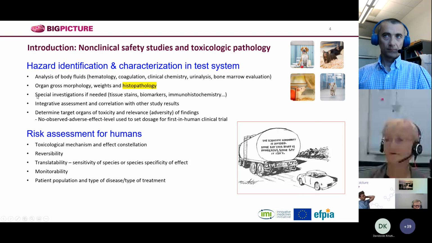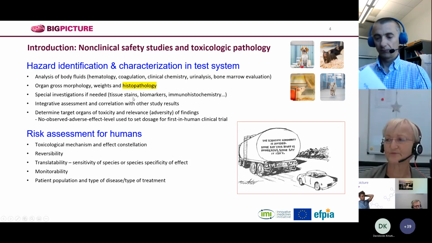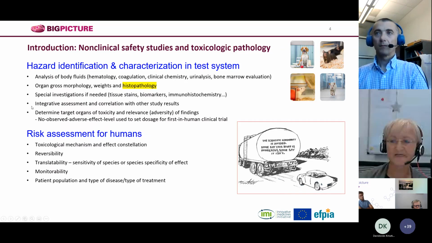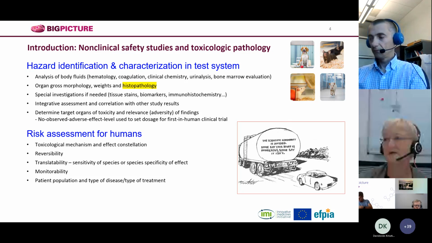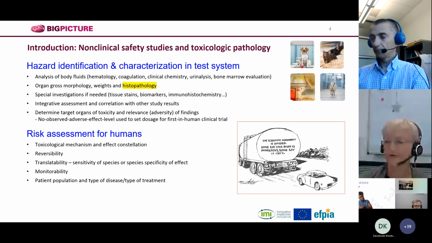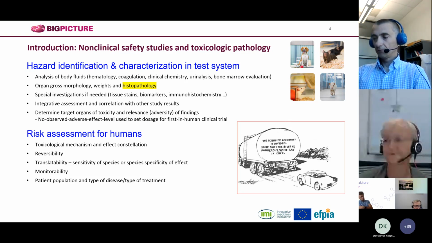There can also be special investigations in such studies, like special stains in histopathology, evaluation of biomarkers, immunohistochemistry, and others. It's important that we do an integrative assessment, so we do not do an assessment in isolation, but we have to look at which are the other study results and which are correlations between findings we have.